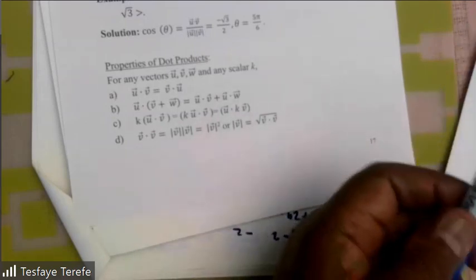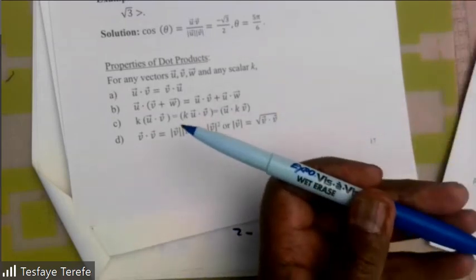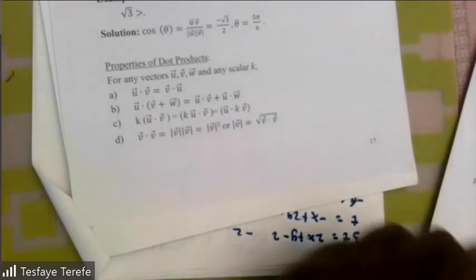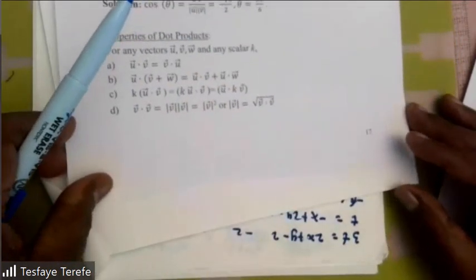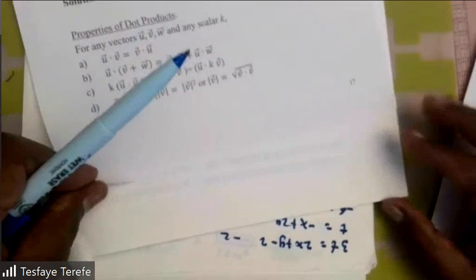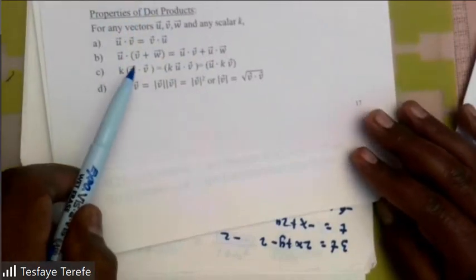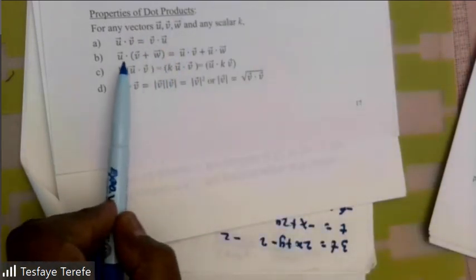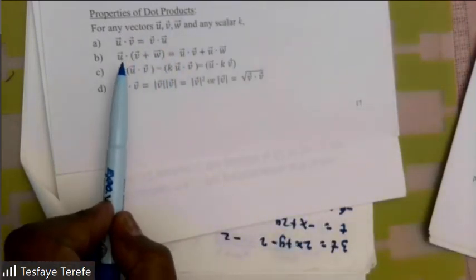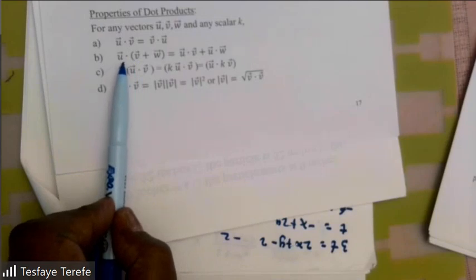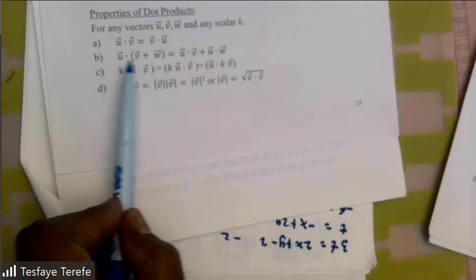The angle will not change between u dot v and v dot u. Therefore, commutativity holds true. Second, you can apply the distributive law of the dot product over addition. You can add these two vectors and dot it, or you can dot u with v and u with w, and add them, and still get the same answer.